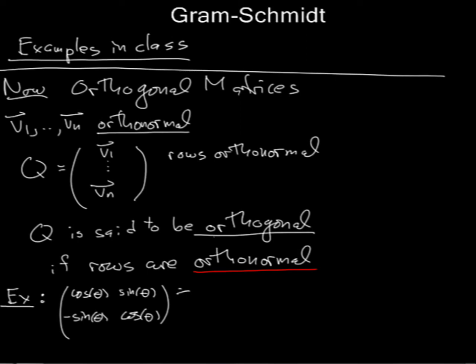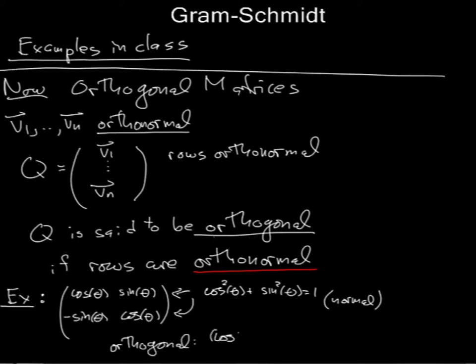So the first row is cosine theta, sine theta, and cosine squared plus sine squared is equal to 1. And similarly the second row, so they're both normal, they're both length 1. And the orthogonality is if you take the dot product of (cosine, sine) with (minus sine, cosine), you get 0. So this is an example of an orthogonal matrix.